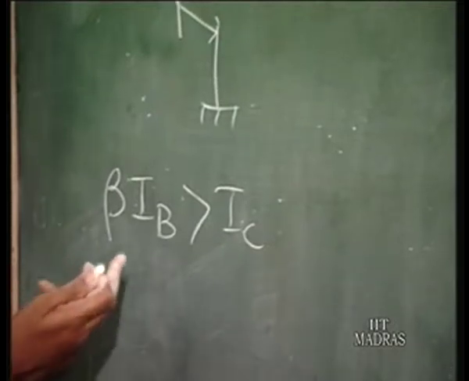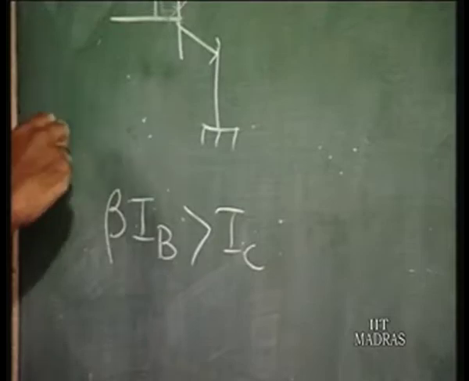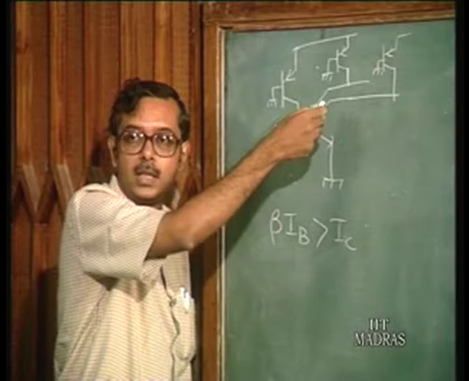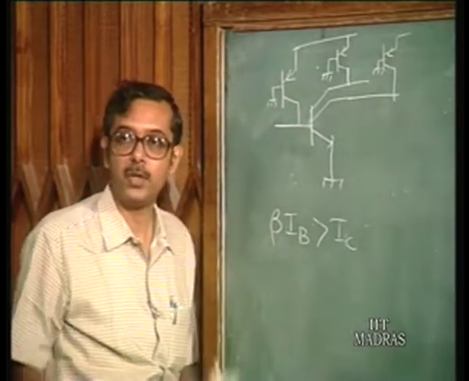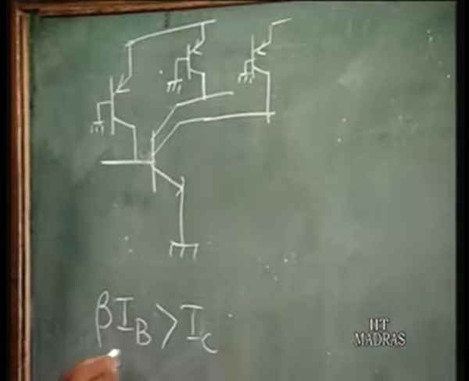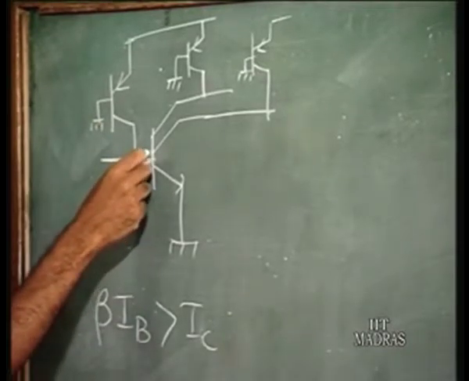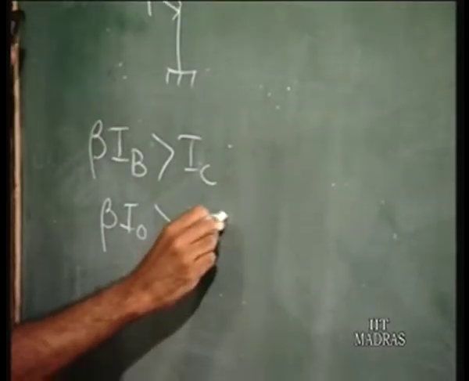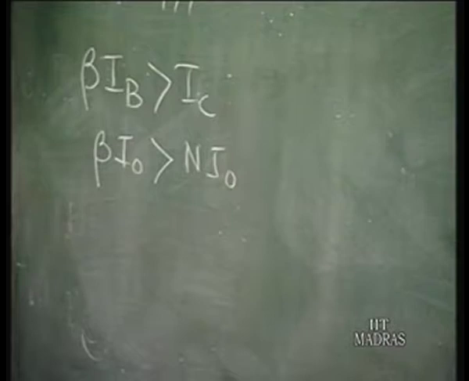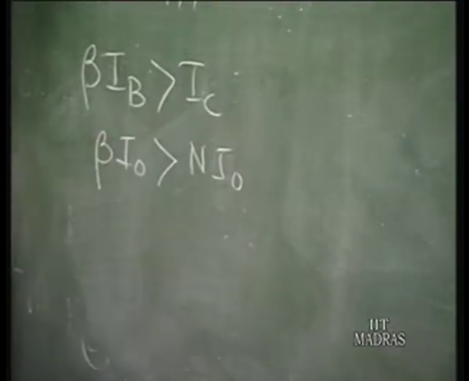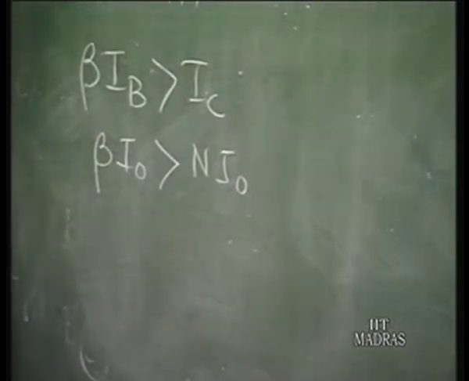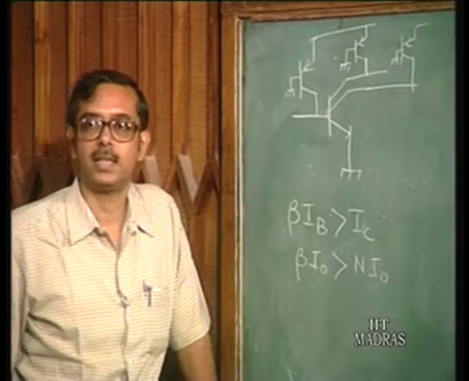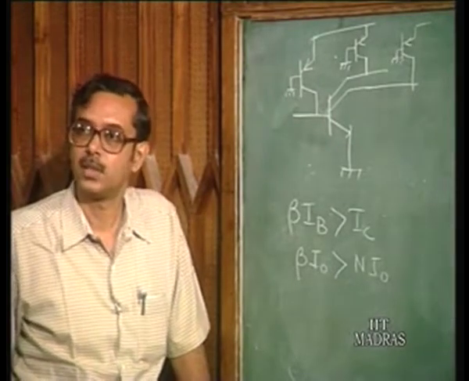In this case, the total IC is equal to n times I naught, and the base current is again I naught. So beta I naught must be greater than n times I naught. That is, beta must be greater than n. So if beta of the NPN transistor is greater than n, the number of collectors, then the transistor goes to saturation.